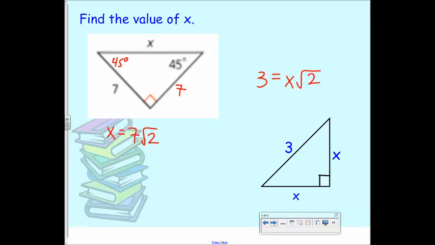So then what do I do? Divide by root 2, divide by root 2. On your calculators, do 3 divided by root 2. Always in a 45, 45, 90 triangle? Yes.